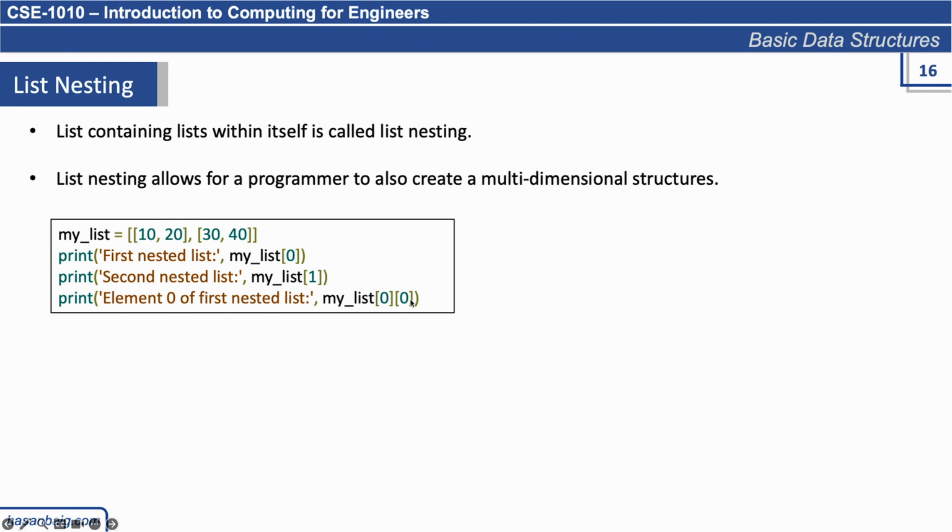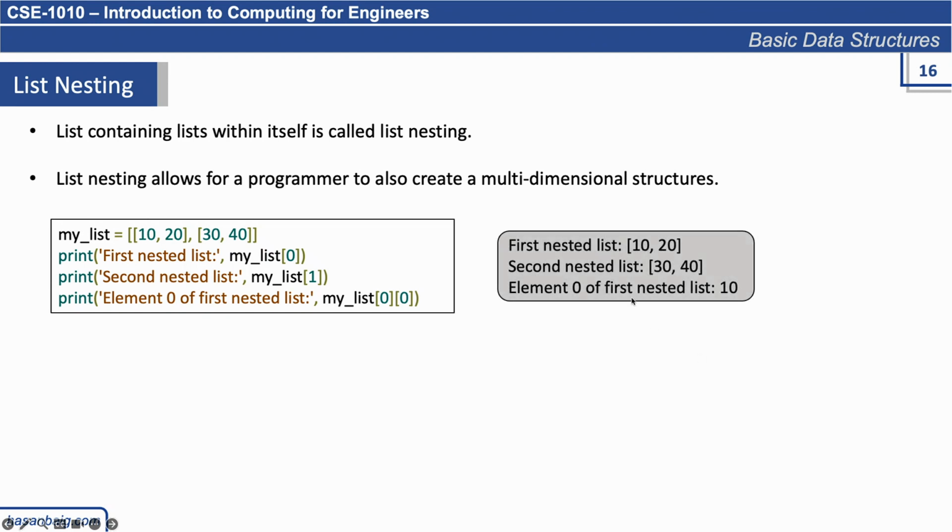So the last line would return what value? 10, exactly. The first one is printing 1020, the second one 3040, and element 0 of the first nested list is 10.